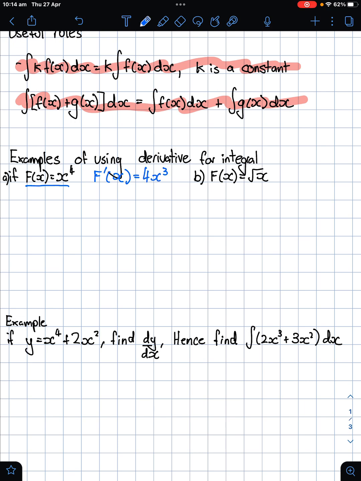Because the process of finding the derivative goes this way, the antiderivative or the integral goes the other way. So if I want to figure out the integral of 4x cubed with respect to x, it is going to be x to the power of 4 plus some constant. That is because if I'd taken the derivative of this with any constant, I would have had it. So pretty much any integral now we're going to do, we're always going to have the constant.